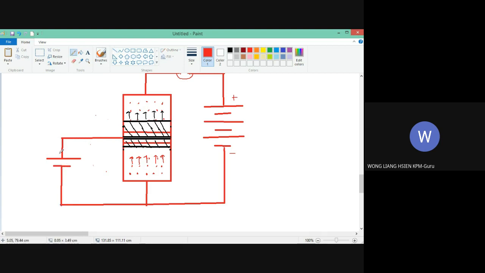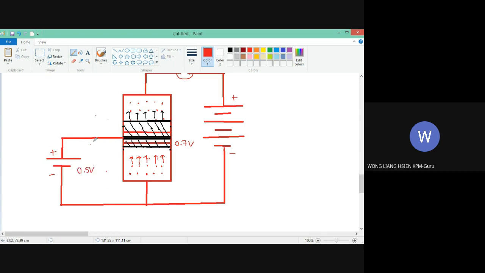If you still remember, previously we said that when the N-type comes out initially, across the junction there will be a junction voltage. So let's say this junction voltage is 0.7 volt. When you connect this small power source, let's say it's 0.5 volt.